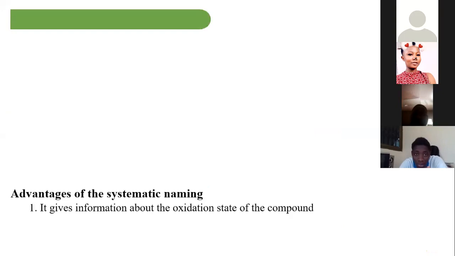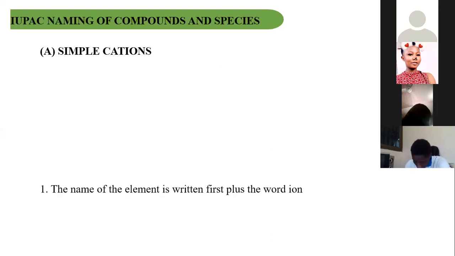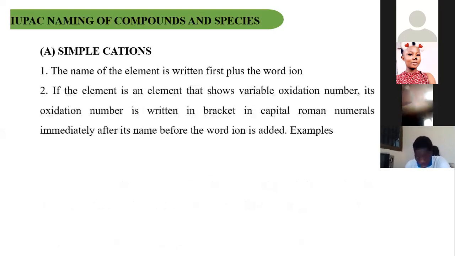There are some rules. Rule number one, the name of the element is written first, plus the word ion. So if I give you Na plus to name, the rule says that give the name of the element first, then you add the word ion to it.